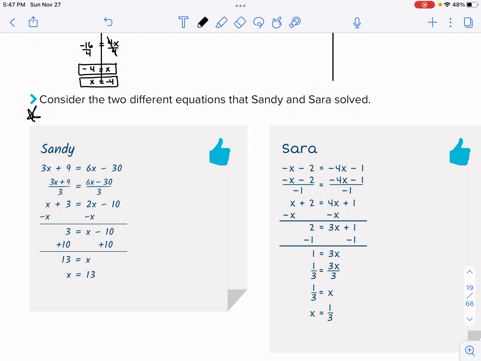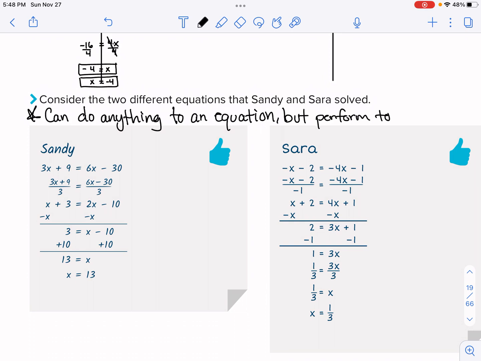You can do anything to an equation, but perform it to both sides.